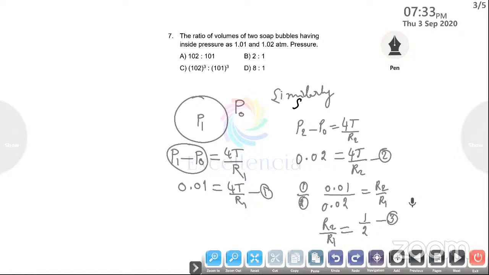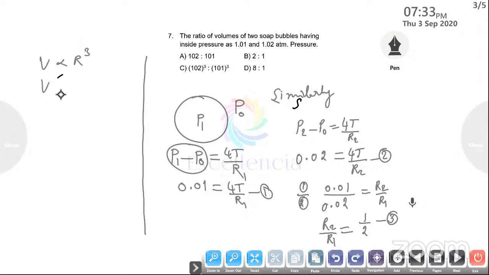This is the radius. And we know when you take these two bubbles at room temperature, the same conditions, the temperature will be same. So PV is constant. And here volume he is asking, so directly we can write volume is equal to 4 by 3 pi r cube. So I can write V is directly proportional to R cube.